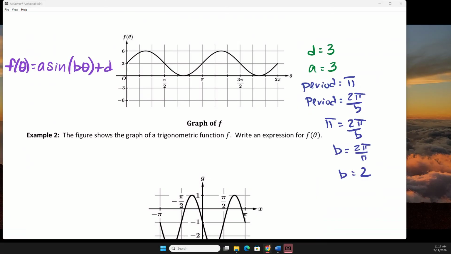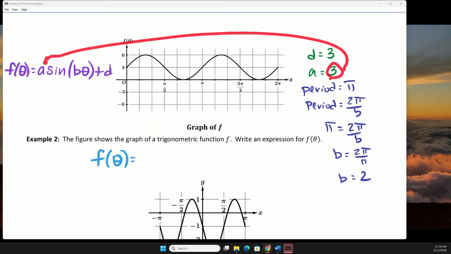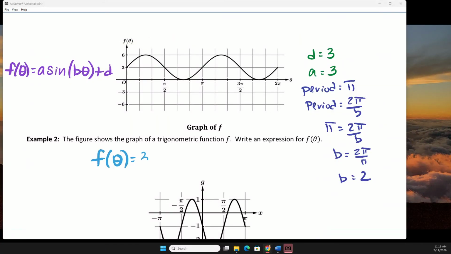All right, so we have all the things, and they want us to write the equation for f of theta. So I'm just going to take my A and put it in for A. I'm going to put B in for B and D in for D. So that's the equation for that graph.